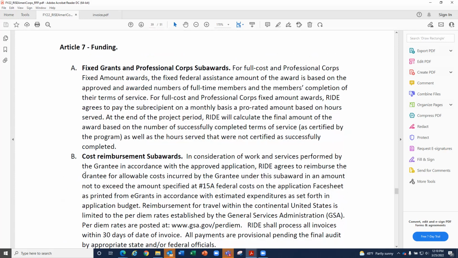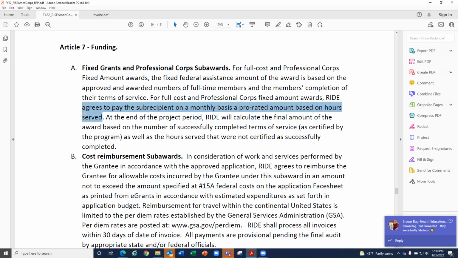You will see that it specifically says that RIDE, that's the Rhode Island Department of Education, will pay a fixed grant subrecipient on a monthly basis the prorated amount based on the amount of hours served. And at the end of the project period, the Rhode Island Department of Education calculates the final amount of the award based on the number of successfully completed terms of service.